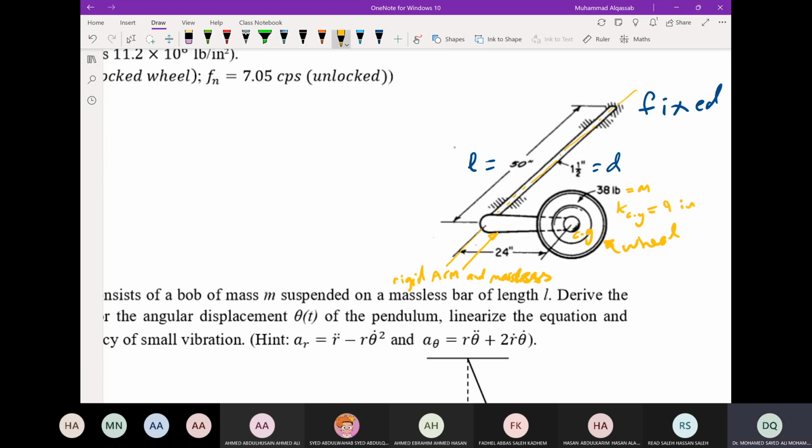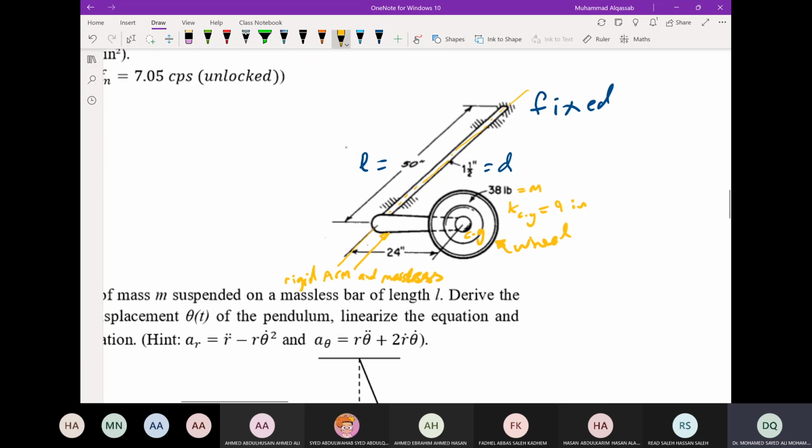Okay, so if you want to find the moment of inertia of the wheel, JCG is equal to M times, this is the weight, of course, not the mass, KCG squared.